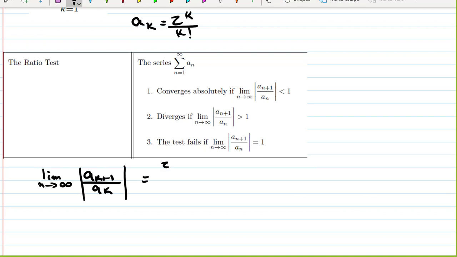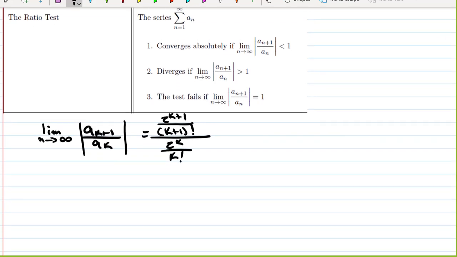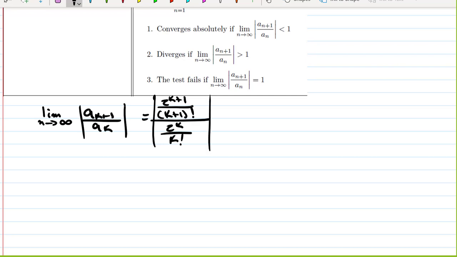So that's going to be 2^(k+1) over (k+1) factorial all over 2^k over k factorial in absolute values. We can drop our absolute values because all of these terms are positive. So dividing by the reciprocal of the denominator, we're going to have 2^(k+1) all over (k+1) factorial times k factorial over 2^k.